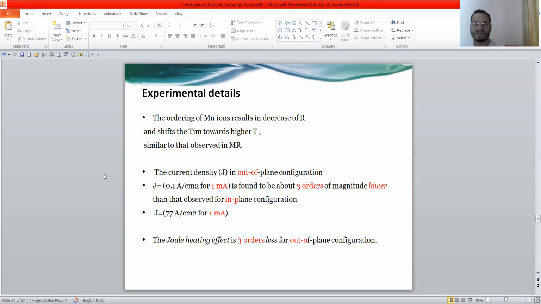That means the current density in the out of plane configuration is lower than in the in-plane configuration.